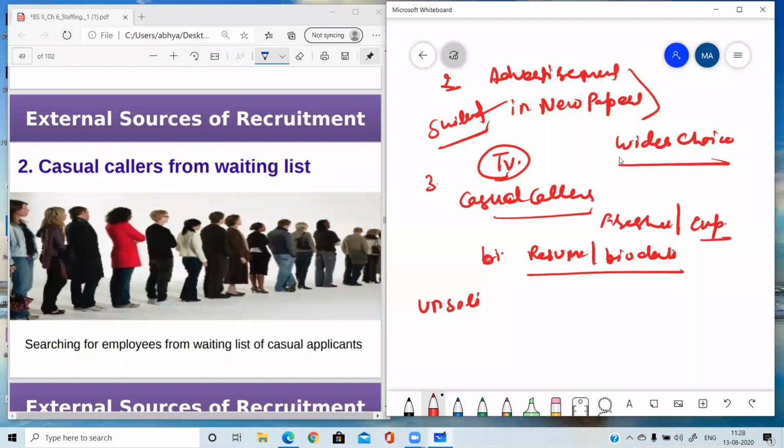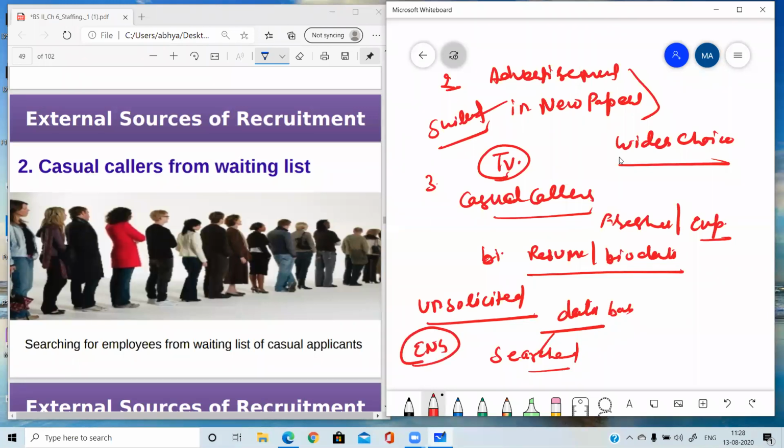Database is prepared by each and every organization, and whenever any vacancy arises, then that database is searched, and whenever there is a matching, suppose we need an English teacher, so the different applications will be searched out, and all those applications which are capable of doing the English teacher job will be called up, and they will be given a date for the interview, and on that date that person will come, then the further procedures will be done.